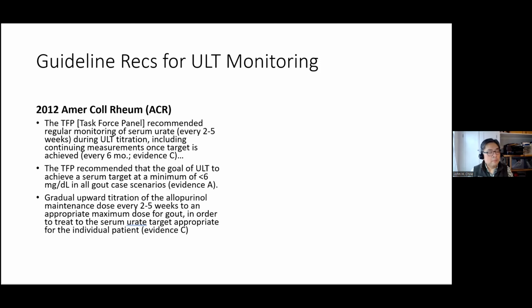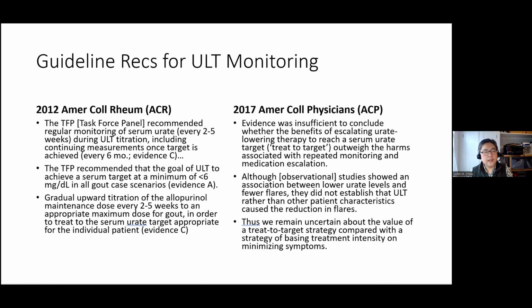Okay. So for those of you who read this, what about the ACP guidelines? The ACP guidelines 2017 said evidence was insufficient to conclude whether the benefits of escalating it, in other words, a treat-to-target strategy, outweigh the harms associated with repeated monitoring and medication escalation. To which the ACR came back to them and said, well, you don't have any studies on that either, if you're saying that there's harms associated.